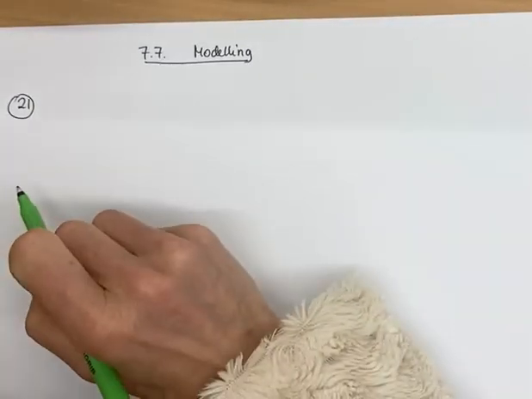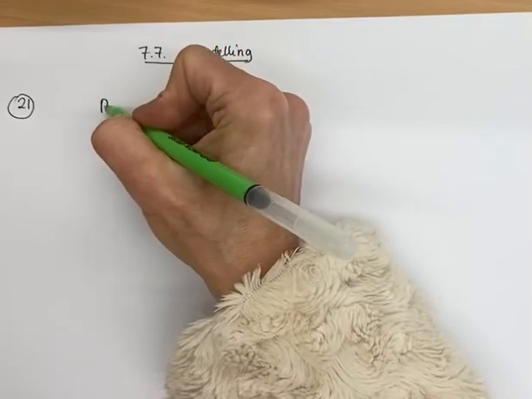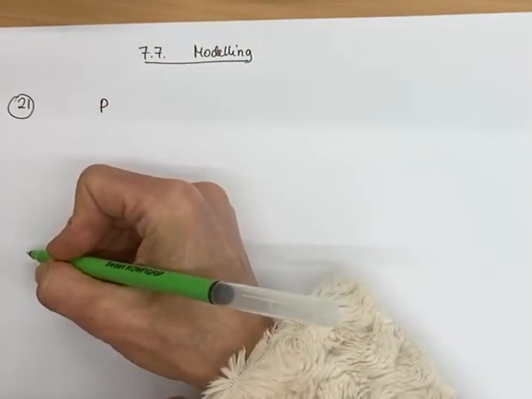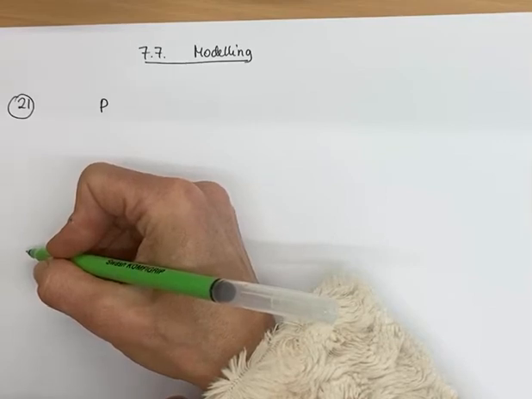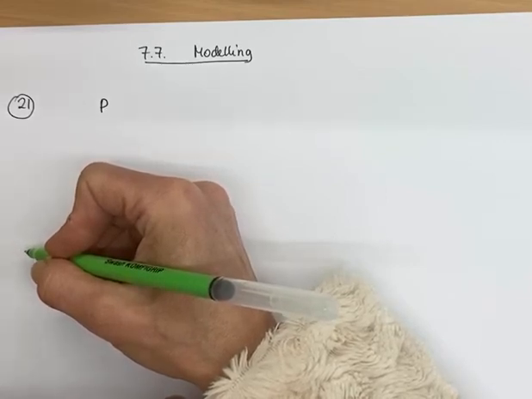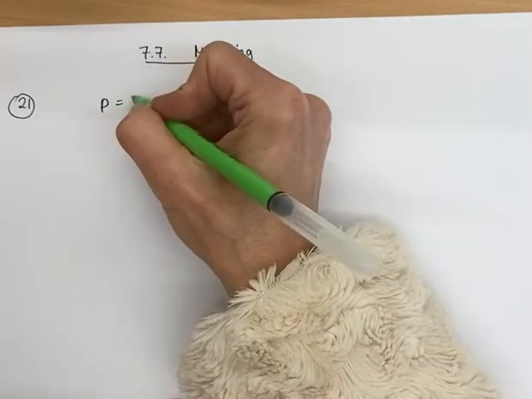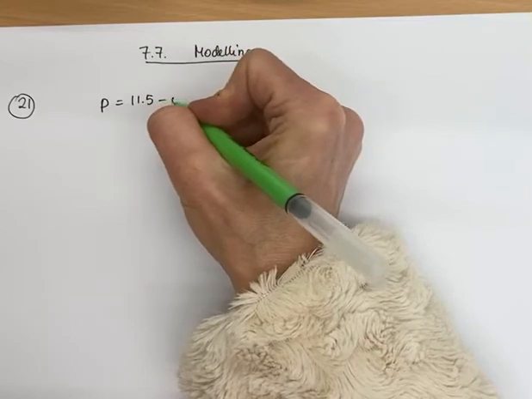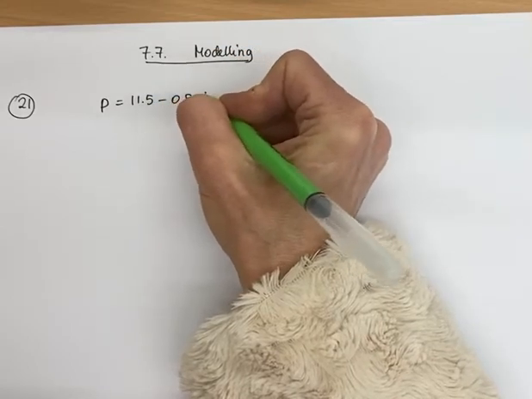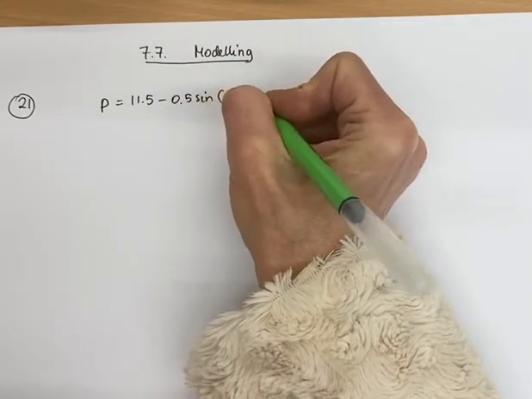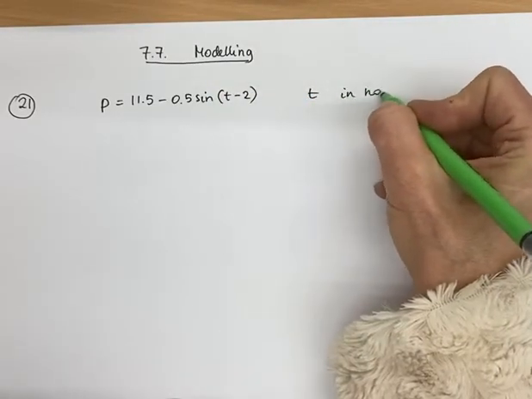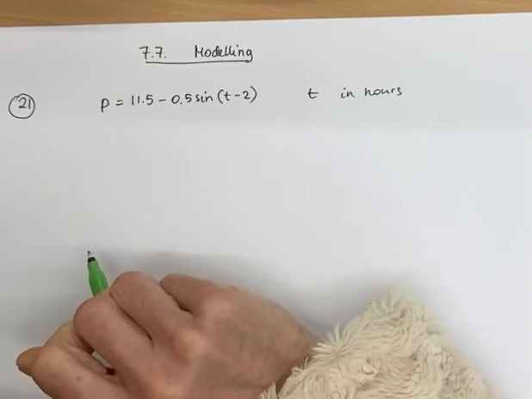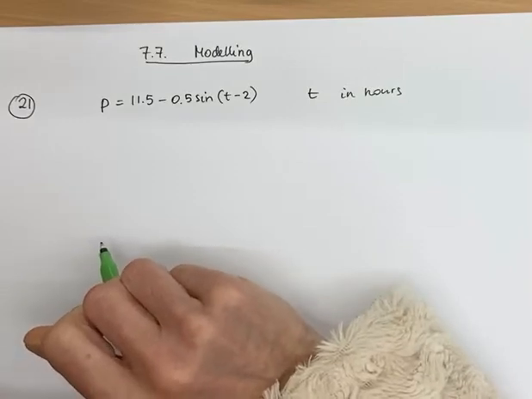So here we've got the cabin pressure P, measured in pounds per square inch, PSI, on an aeroplane at cruising altitude. It can be modeled by the equation P = 11.5 - 0.5 sin(t - 2), where t is the time in hours since the cruising altitude was first reached.